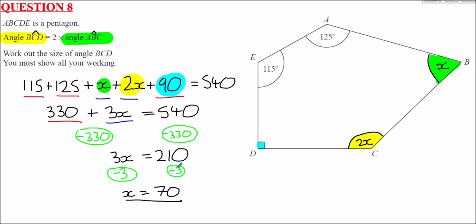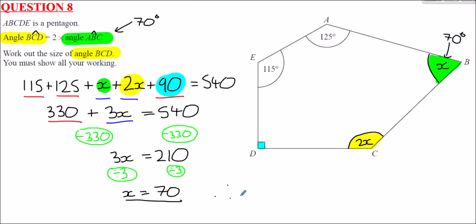Be careful, that's not the final answer. X is 70, so that's saying that we've worked out this one, which is 70. So angle ABC is 70. We want to work out, though, angle BCD, which is 2x. So we need to double our value of x.